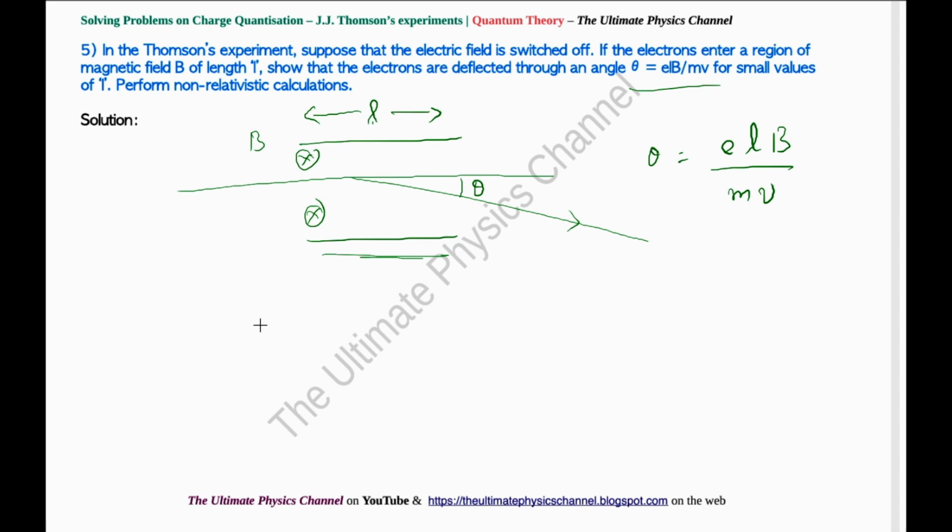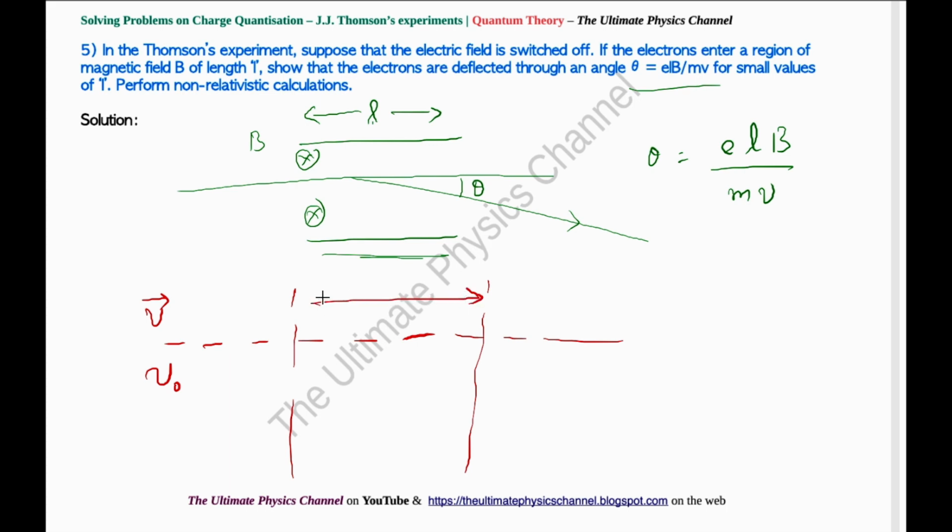So that is the requirement. Now if we draw the axis here separately, let's say this is the initial direction of the electron beam, with initial velocity v naught, or the direction of this is v vectorially, and there is a region in the middle where the electric and magnetic fields are applied. The electric field is switched off, so only the magnetic field is present, and therefore the electron beam bends this way. It goes like this.